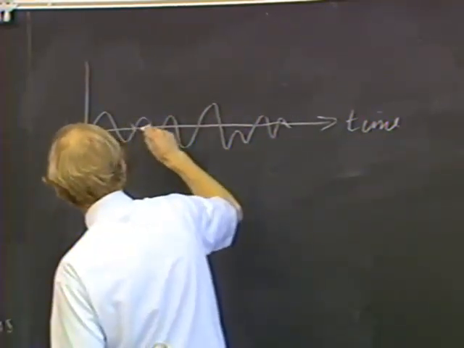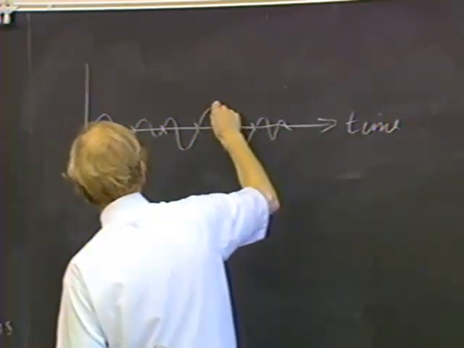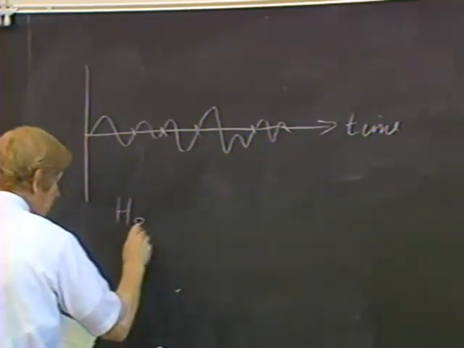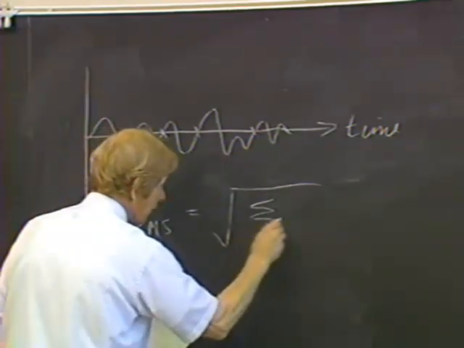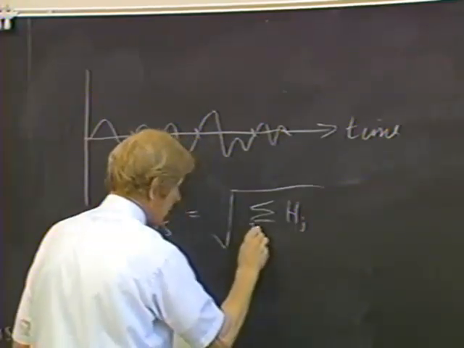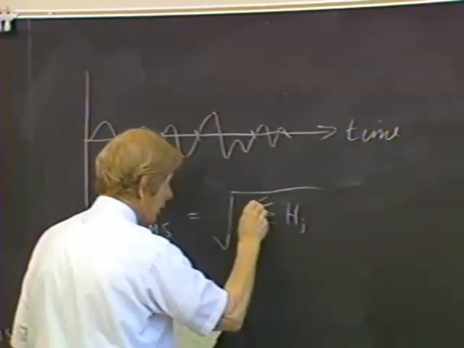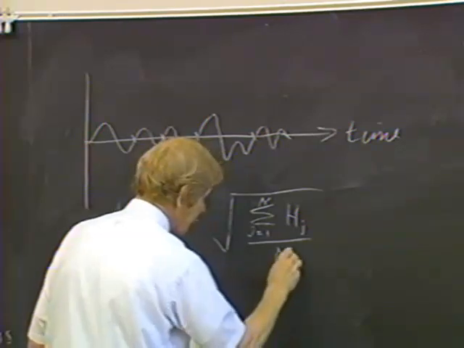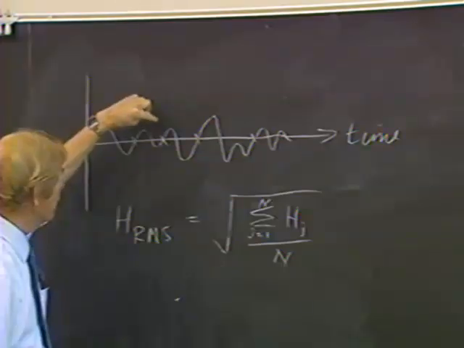I erased the root mean square value, but if you look at all of the wave heights, then calculate root mean square, the sum of all the H squared from 1 to n, divided by n. So this is something that's easy to do.